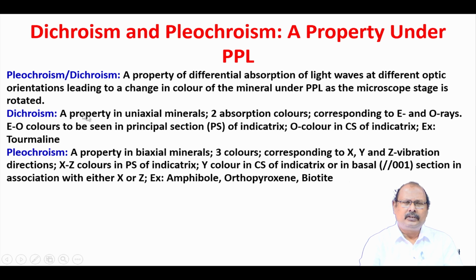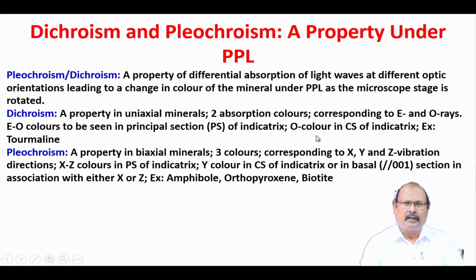Dichroism is a characteristic property of uniaxial minerals. There are only two absorption colors corresponding to the extraordinary ray and ordinary ray. So, immediately in the principal section of the indicatrix, where you have E vibration direction and O vibration direction, you can have two colors: corresponding to the O ray, we call it O color, and you can have a color corresponding to the E vibration direction, or parallel to the optic axis, we call it the E color here.